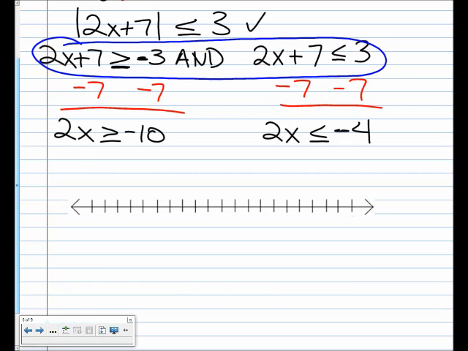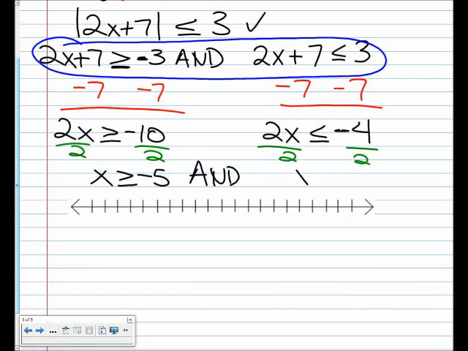Last step, divide everything by 2. Again, I'm not as worried about this. I feel confident in your abilities to do that. So x is greater than or equal to -5, and x is less than or equal to -2. And then you would plot it. Okay, so we'll plot it real fast. 1, 2, 3, 4, 5.